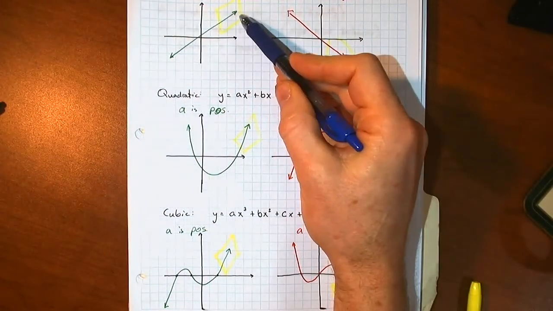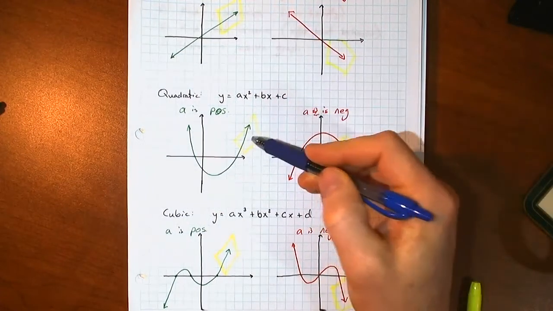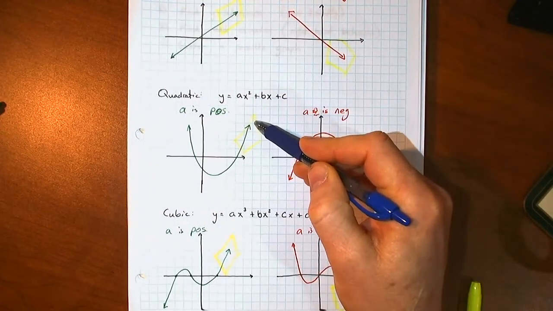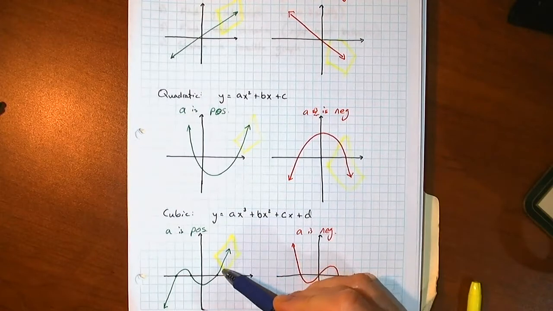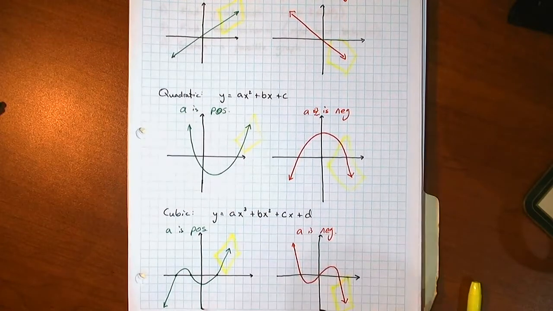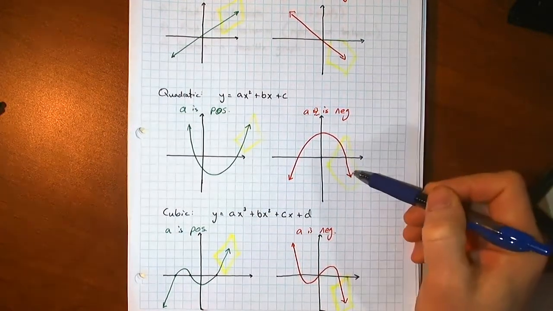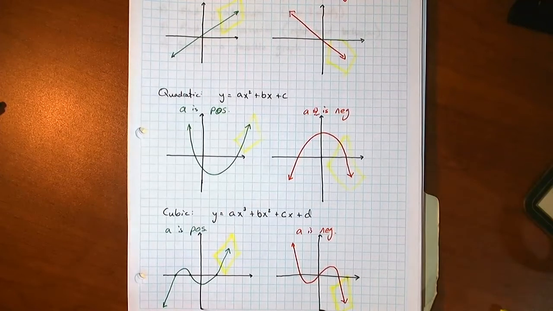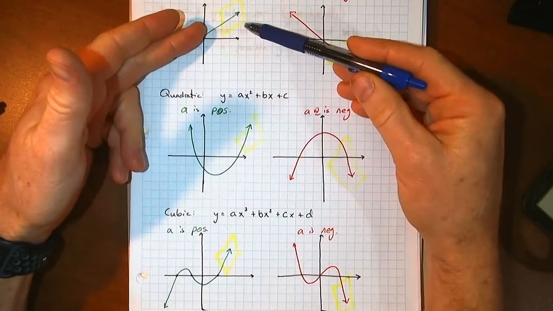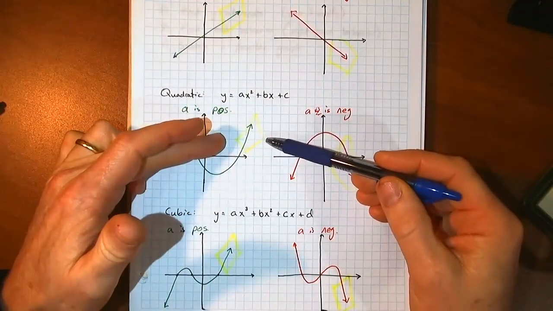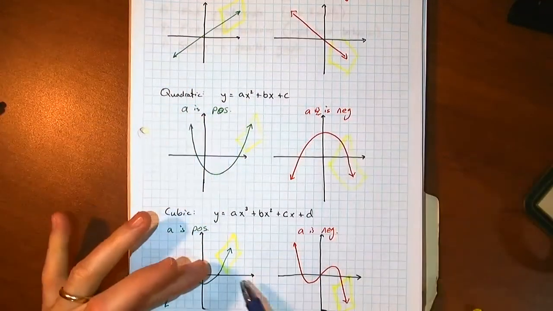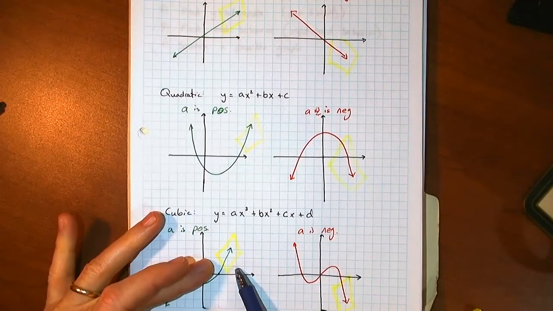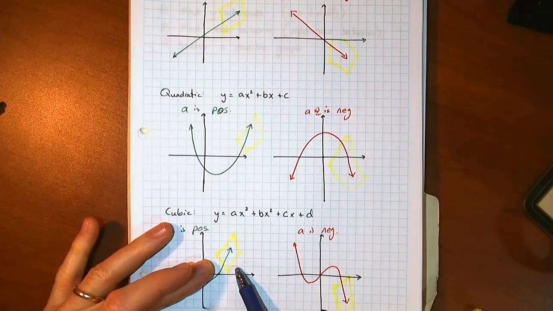Positive slopes go up on the right-hand side. Positive parabolas go up on the right-hand side. Positive cubics go up on the right-hand side. And negative ones are doing the opposite. They're all going down. So that rule that you learned way back when for lines, the rule that we learned last week for parabolas, the rule that we're learning right now for cubics and beyond, this is for all polynomials.